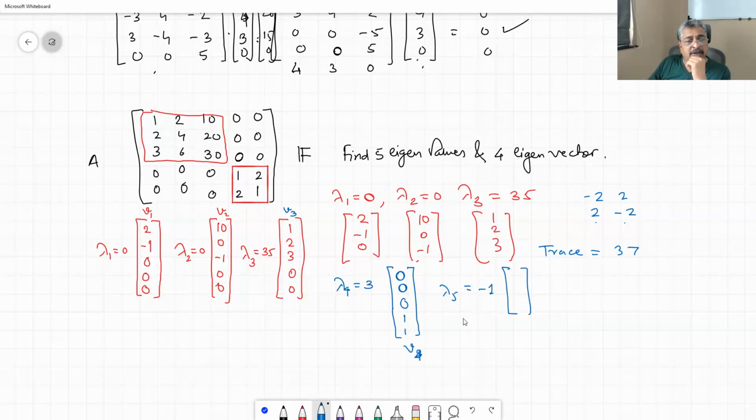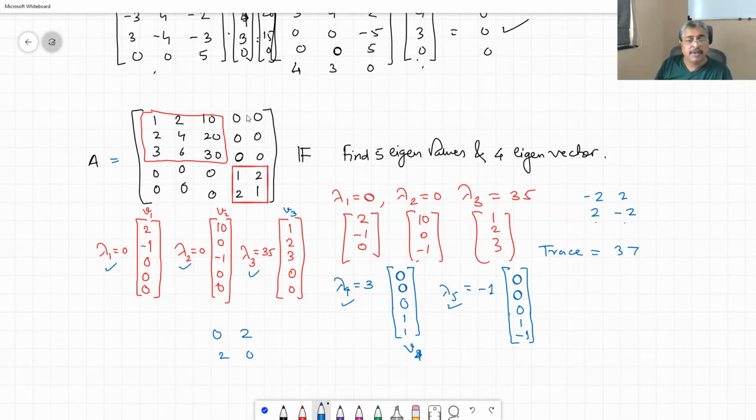And for minus 1, the eigenvector is 0, 0, 0, 1 and minus 1. So even if it was 5 by 5, a little special, we could deal with all 5 eigenvectors and eigenvalues by these simple tricks that we have learned. In fact, we have found all the eigenvalues.